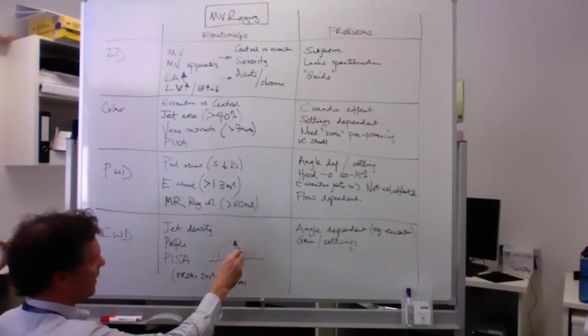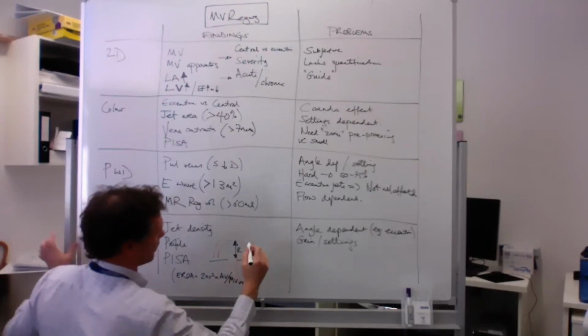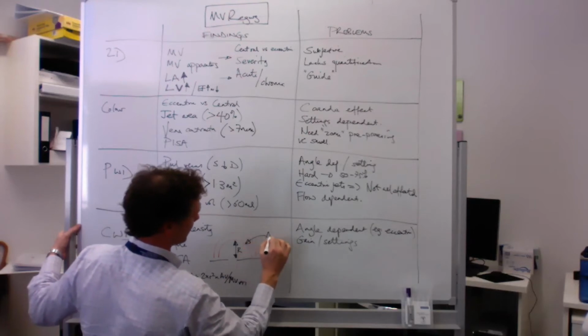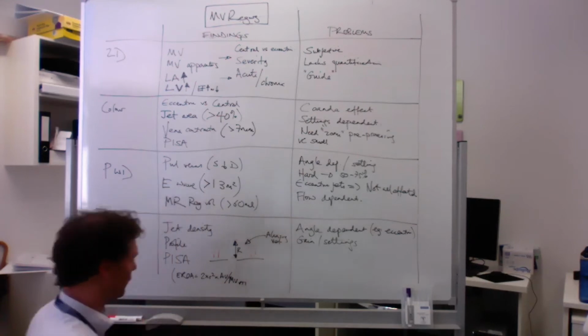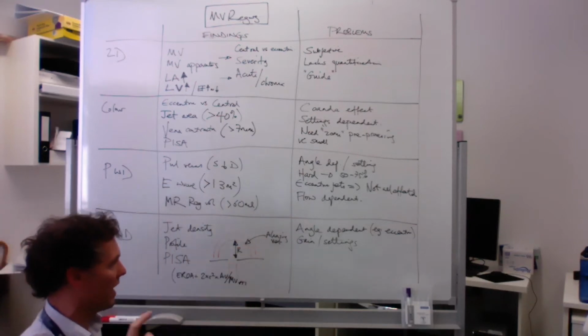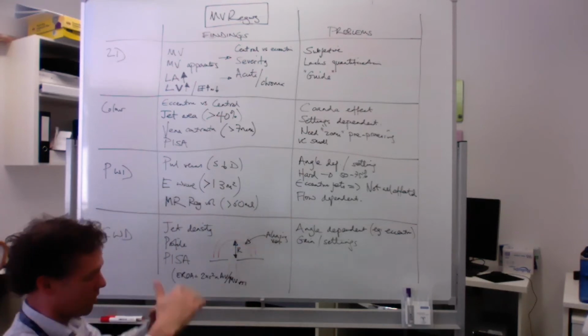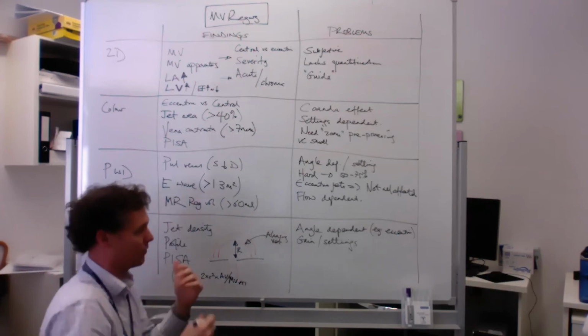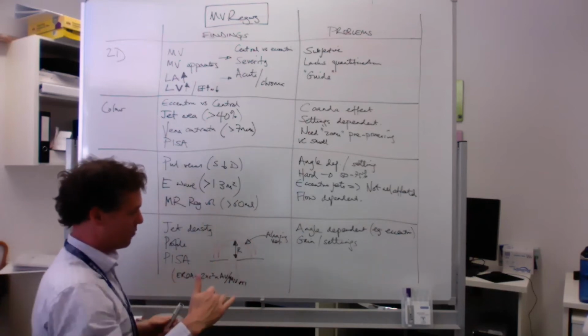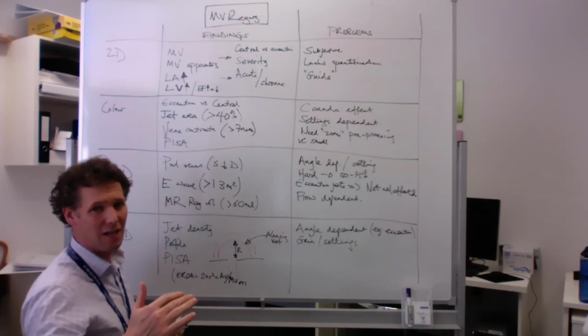So you've got your radius. The aliasing velocity is really important. The cheat's way of doing all this is I always put the aliasing velocity so it goes down in the direction in which the jet's flowing. So you move it down and put it on 40.